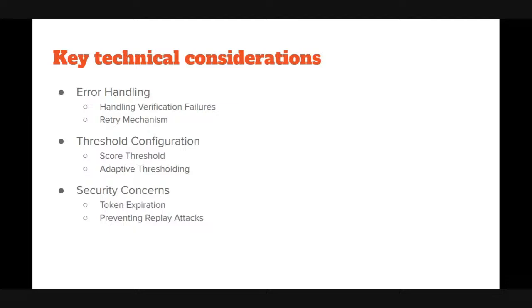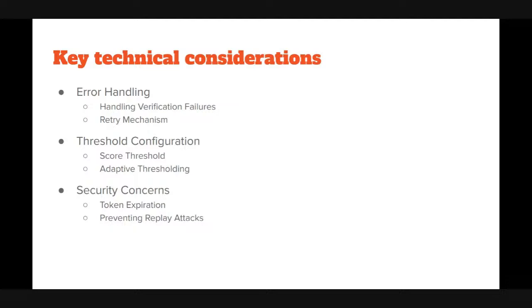So the first one, when implementing a captcha in your application, you should be concerned about error handling. When a captcha verification fails, due to an expired token or invalid token, we need to provide clear feedback for the user, like please verify that you're not a bot. Users need to know what went wrong. We would also add a retry mechanism that can help the user regenerate the captcha without refreshing the entire form, especially helpful for users with connectivity issues.